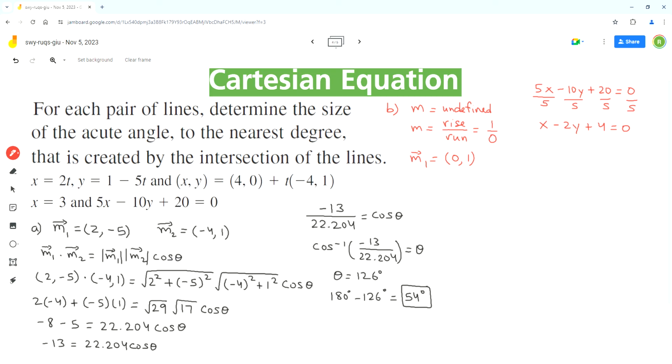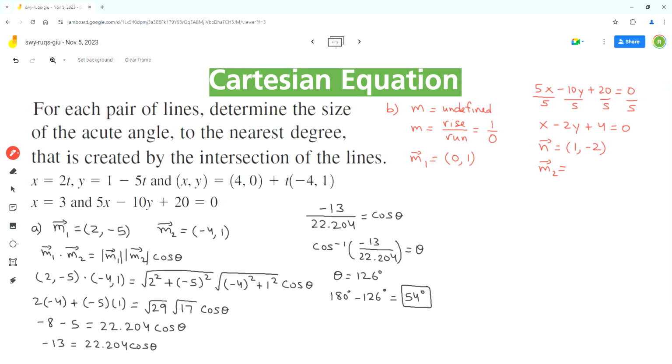We can get the normal vector of the line from the Cartesian form, and the normal vector for this line is 1, -2. These are the coefficients of the x and y terms. We can use this normal vector to find the direction vector of the line, and for that we have to flip the components of the normal vector and change the sign on one of them.